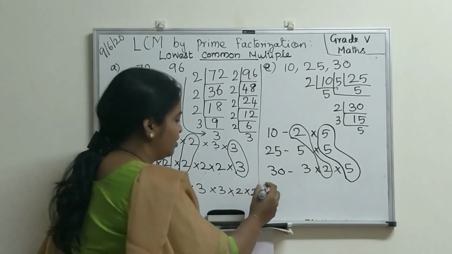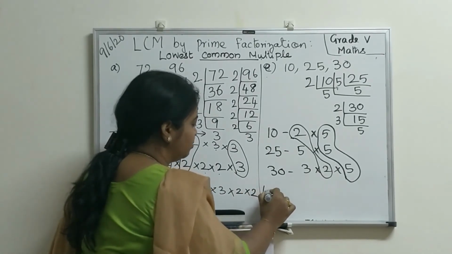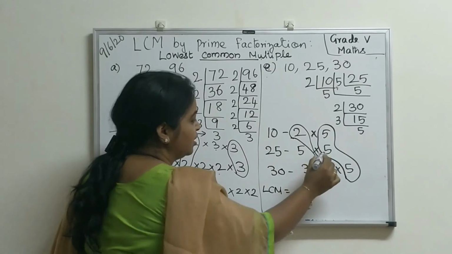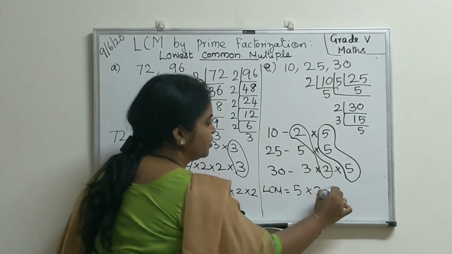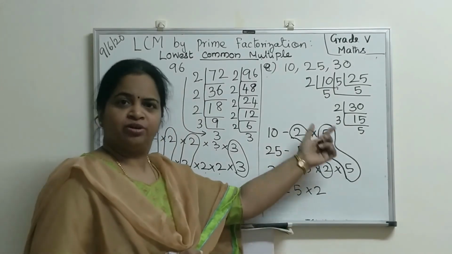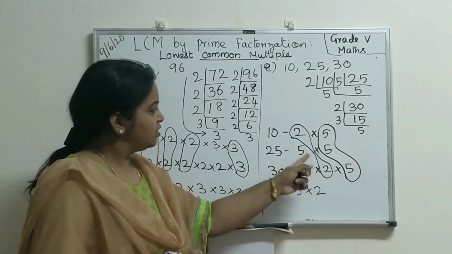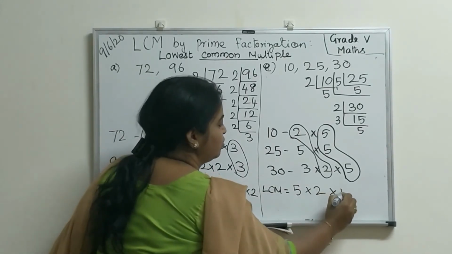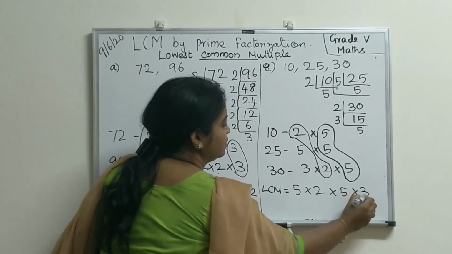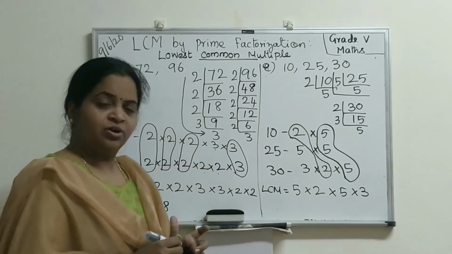Okay. Now we will write the factors. LCM, how will you find? 5 into 2. It is common to the numbers. Then what is left out? 5 into 3. So 5 into 2 into 5 into 3. Okay.